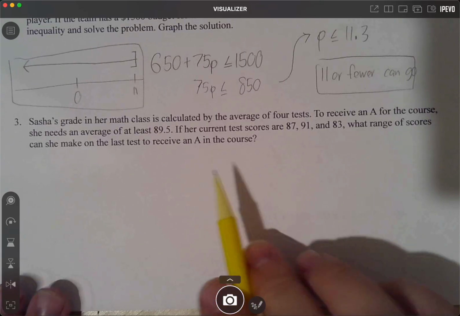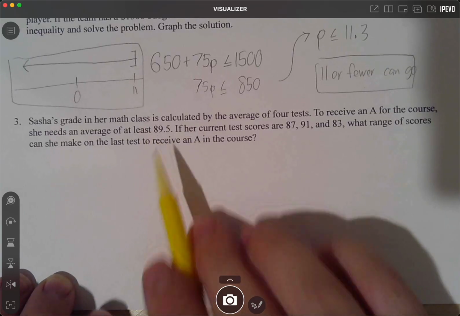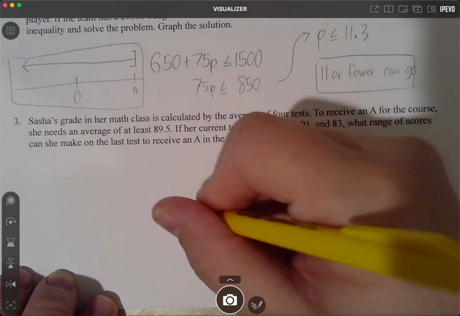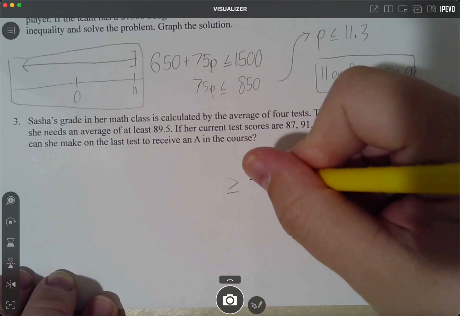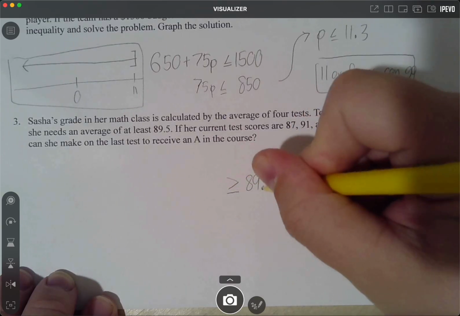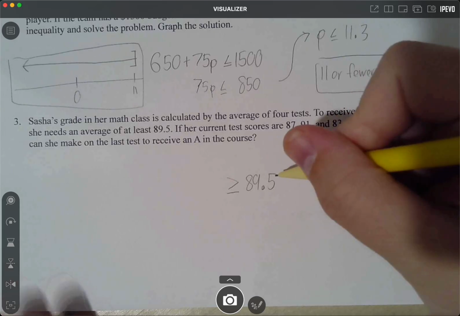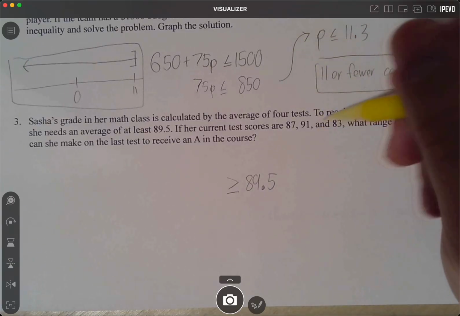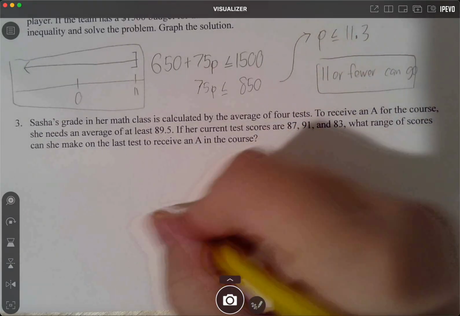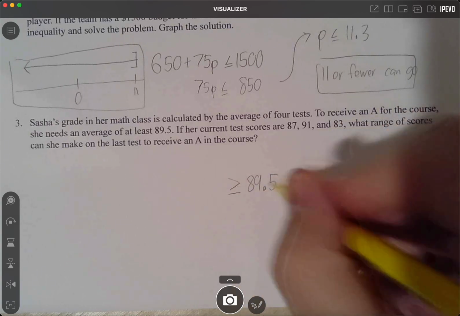All right, well, we have an average of 89.5, so we want our grade to be at least 89.5. At least means you could be 89.5 or more, because again, we'll round up the 0.5 and above, and I'll do that for you as well. But now the question is, well, the average has to be greater than or equal to that number.